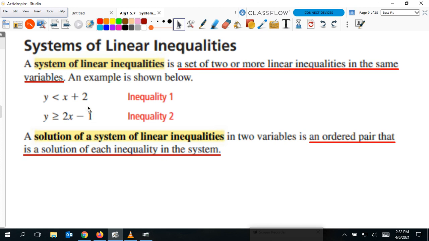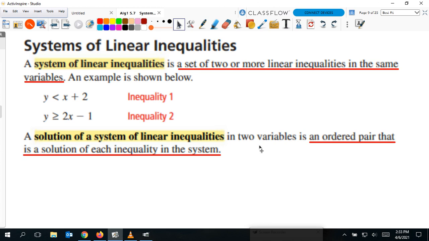If this is our system, then the ordered pair needs to make this one a true statement, and it needs to make this one a true statement. If it makes both inequalities true, then it's a solution to that system. But if it makes only one true and not the other, then it's not a solution to the system.